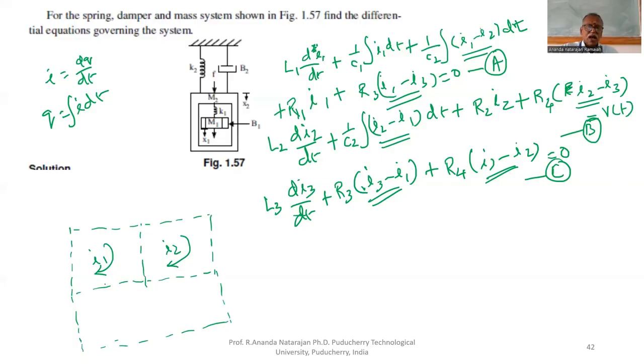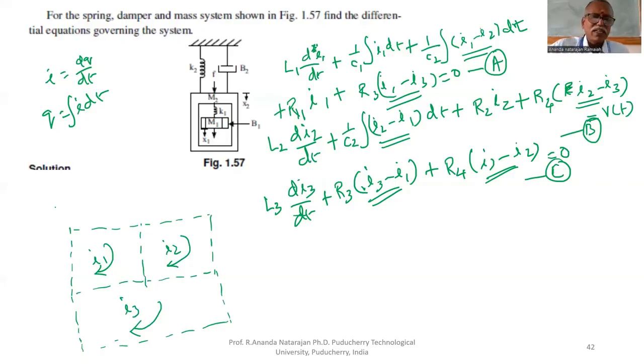Here you will get I1 minus I3. Here what you will get? I3 minus I2. Here you will get I3 minus I1, or I1 minus I3. Here I2 minus I3 you will get. So this is the problem. If you take the loop like this, you can finish. This is the crucial point. That's why I took this up.